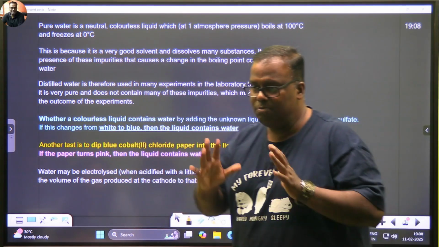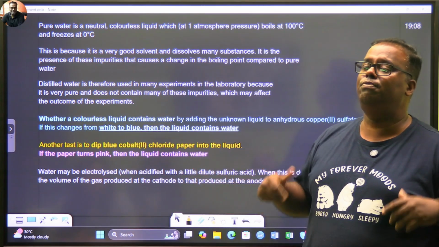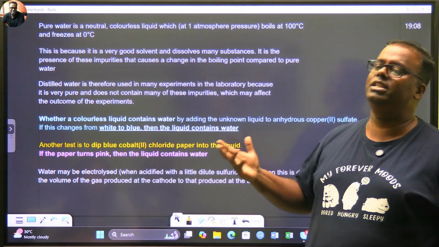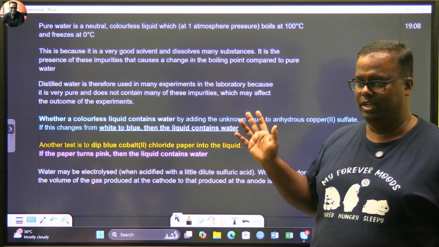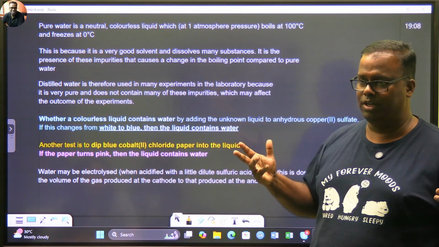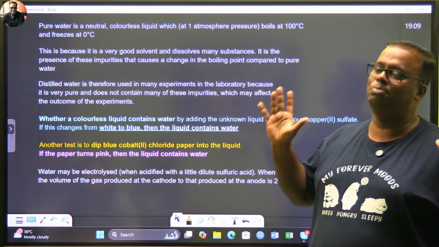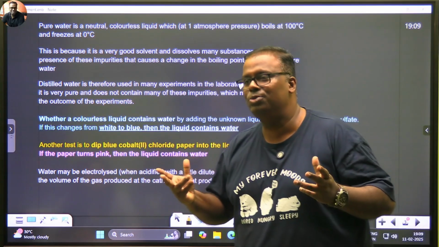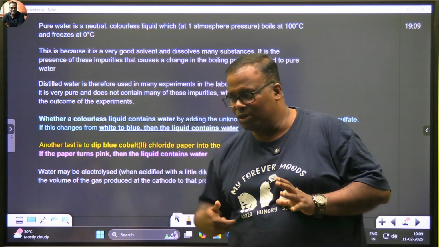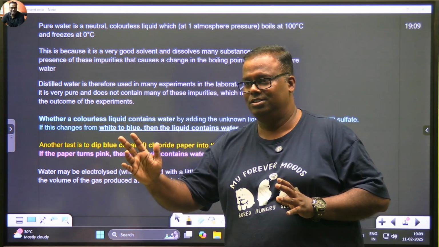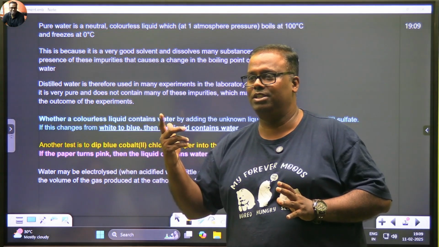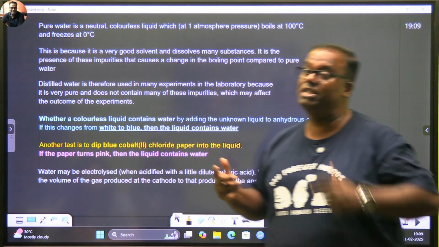Now, the second part is that water is a very good solvent. Like in Hindi, there is a saying, "Pani mein sab dhul jayega." Water is a universal solvent. Now, because of this property, you are never going to get pure water, because whatever thing it crosses, it will absorb that thing and that thing will get mixed into it.